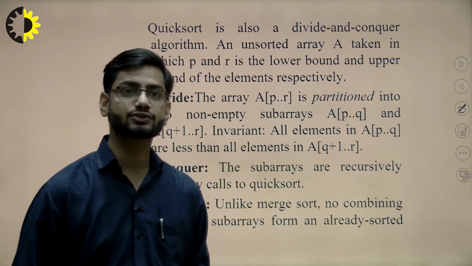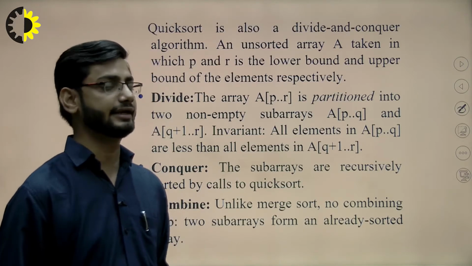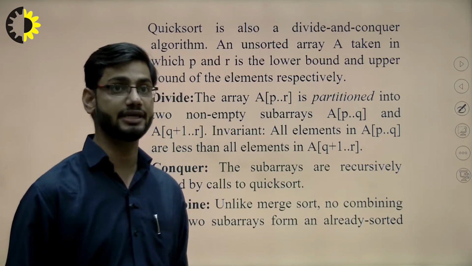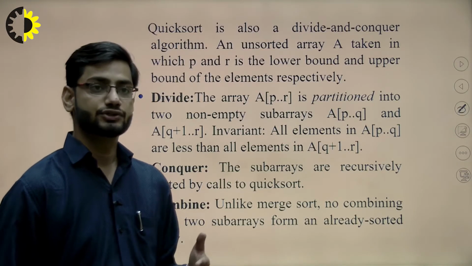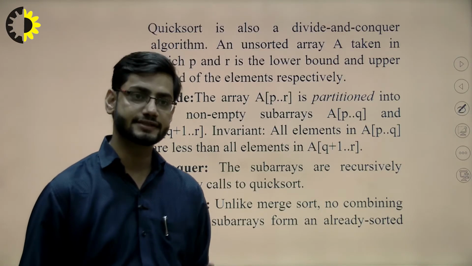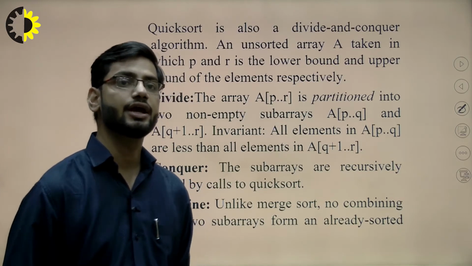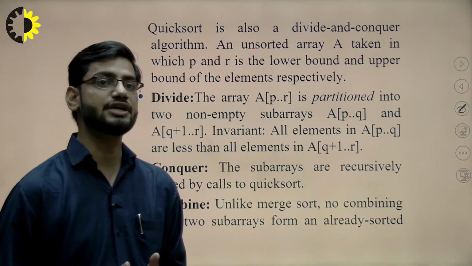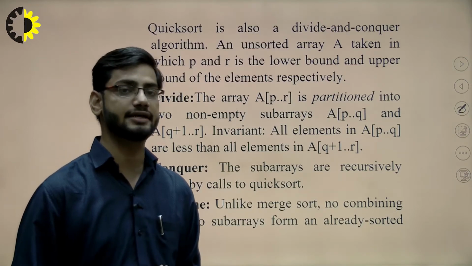So in this quicksort, an unsorted array A is taken, in which the starting index is represented by small p and r is the ending index of the array. It follows three steps. First step is divide. In the divide step, the array A with index p to r is partitioned into two non-empty sub-arrays.